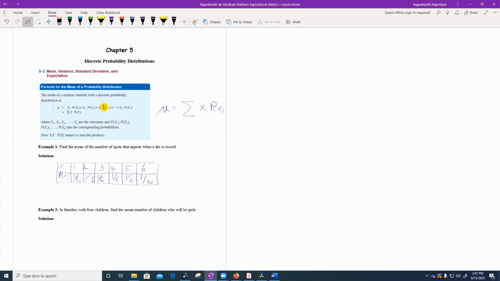So that means my x here is the number of spots from the die. So if this is x, then the mean is given by the formula, which says simply find the sum of the product of the value and the corresponding probability.